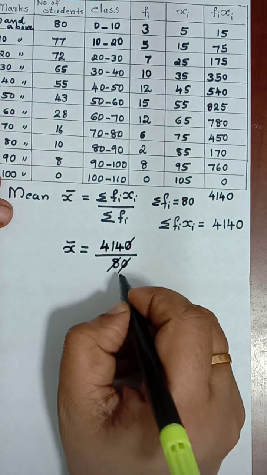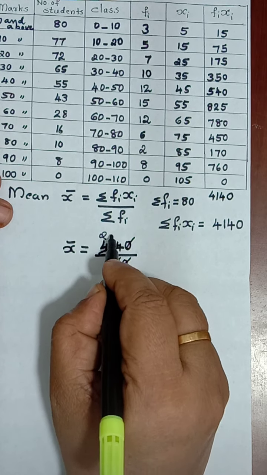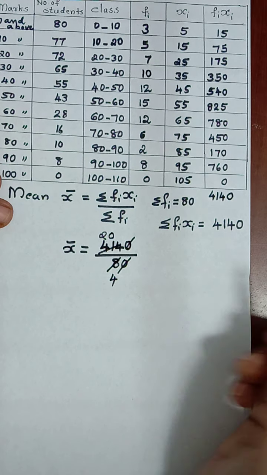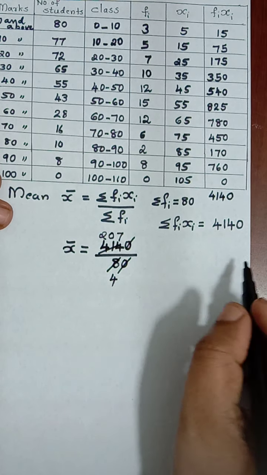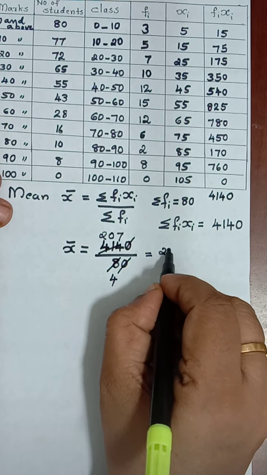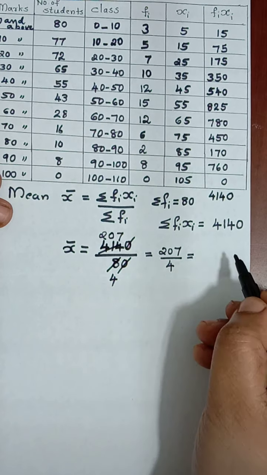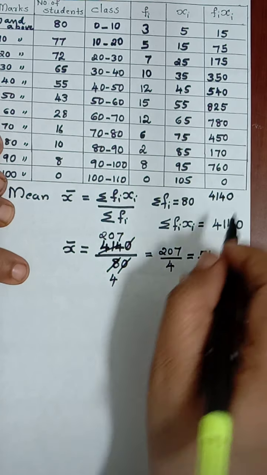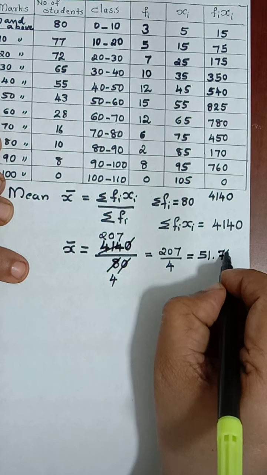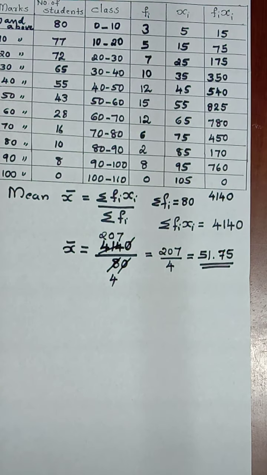So when we divide by 2, we are getting 4 2's. Here 2 2's. This place we have to give 0. Now comes 14. 7 2's 14. So we have to divide this 207 by 4. Do the division, get the answer. You will be getting the mean as 51.75. This is your mean. Practice, so it will be easy for you.